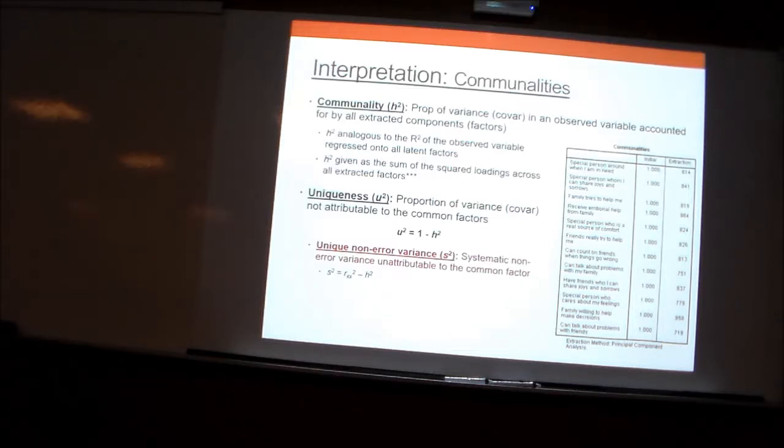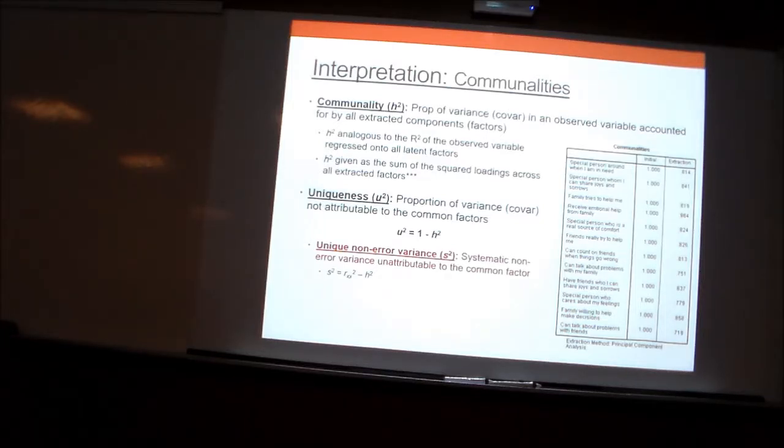And so we would calculate our unique non-error variance as our reliability minus our communality, right? So if the square of our reliability estimate is 0.8, and our communality is 0.7, that suggests there's some 10% of variability that's attributable to something systematic that remains constant across time.